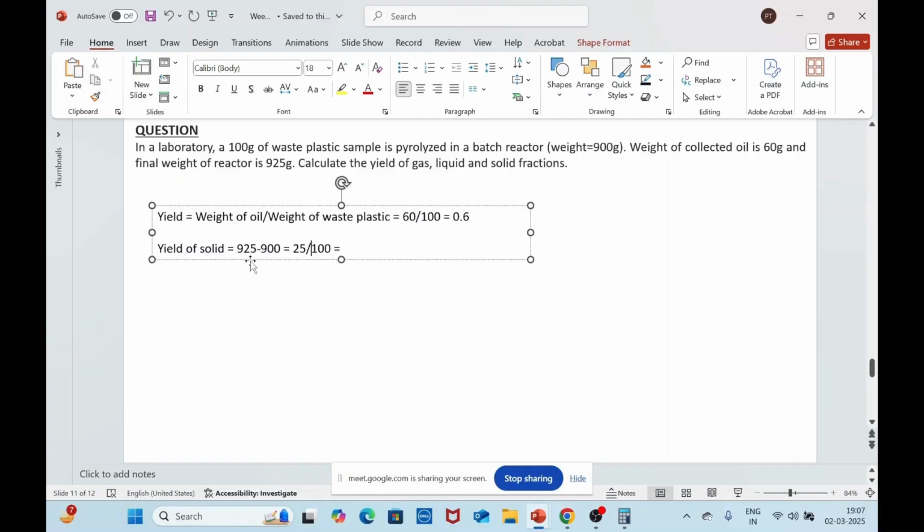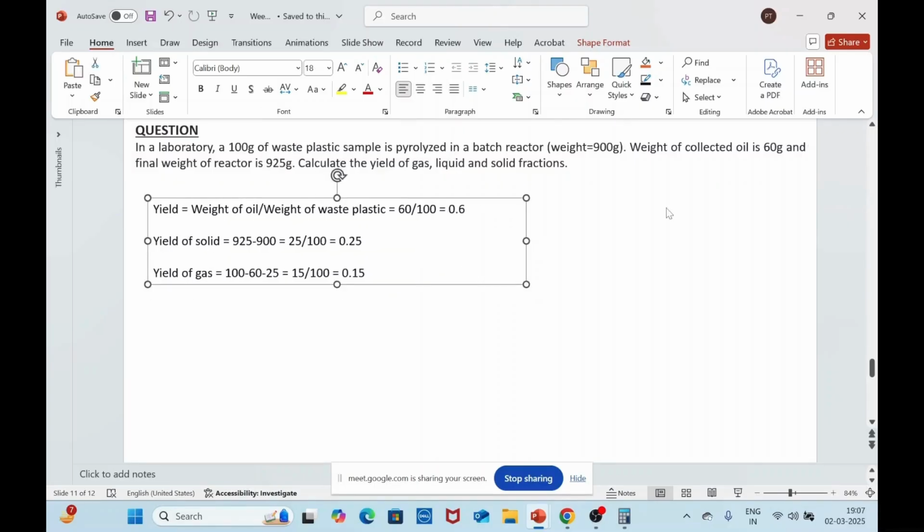That will be around 25.25. And after this, you have the yield of gas, which will be nothing but 100 minus your 60 and minus 25. So that is 15, 0.15. I think there was some mistake with respect to this one, so apologies for that.